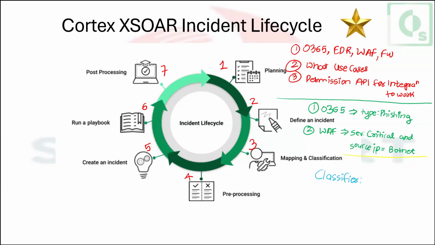Next example: the classifier will create an incident if my WAF has the field severity as critical and source IP as botnet. If any one of them is not satisfied, it won't allow it.